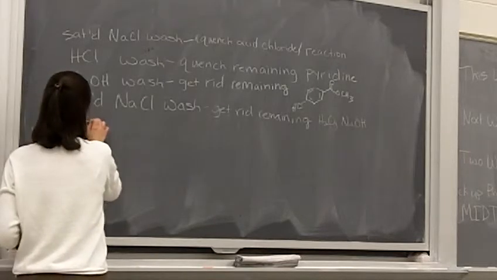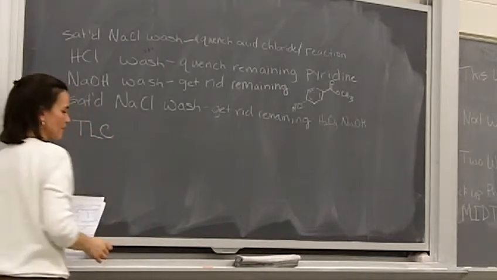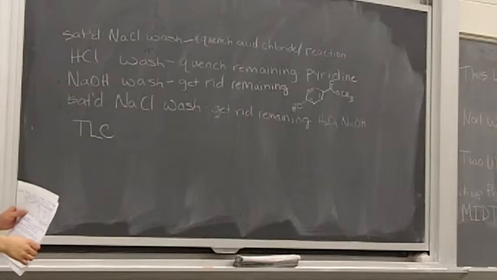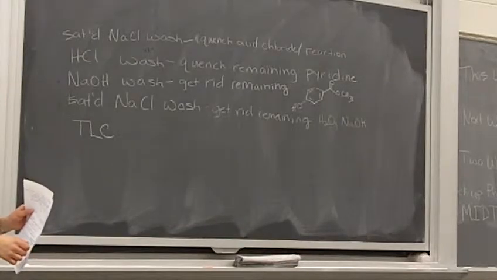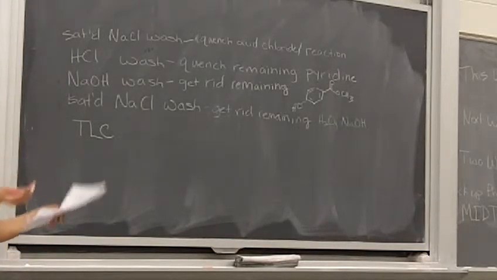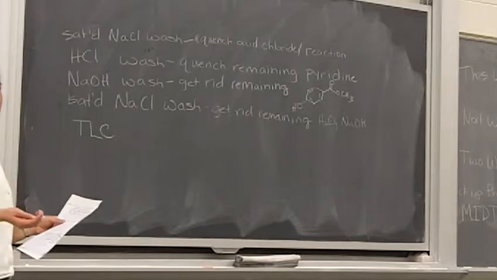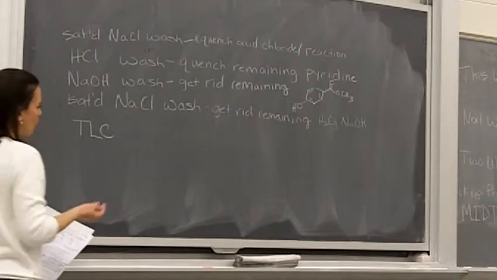Then at this point, we need to TLC your reaction, okay? We want to see what we've got and see if we've gotten just our product out and gotten rid of all the things that we wanted to get rid of with the washes.